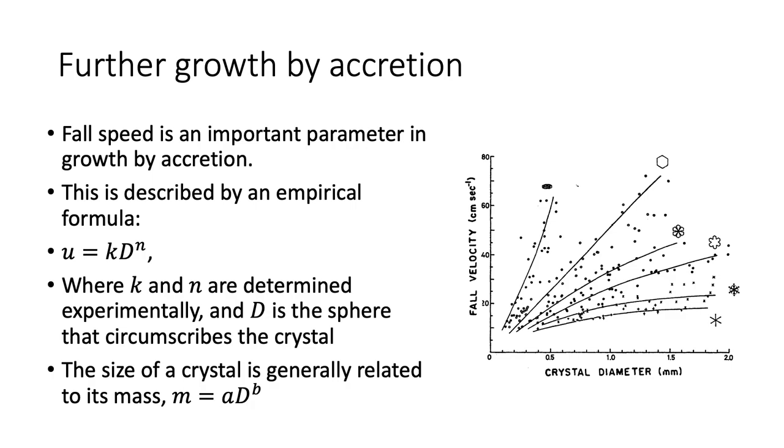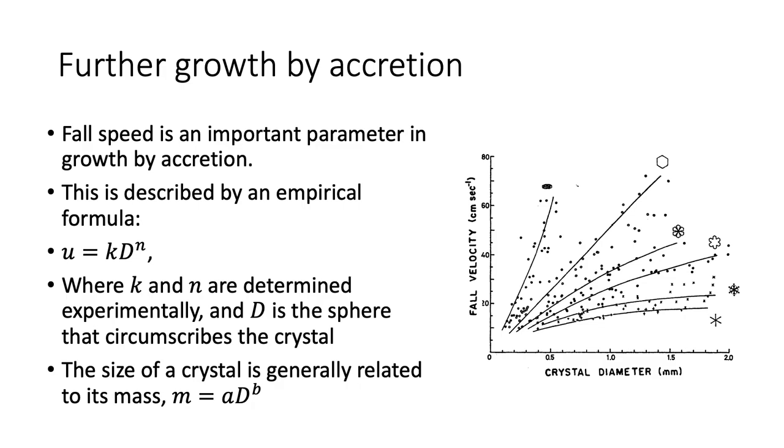Is there a way to quantify these modes of growth? This is kind of hard because, as you can imagine, the shape of these ice crystals is incredibly complex. And so it's hard to derive simple calculations.